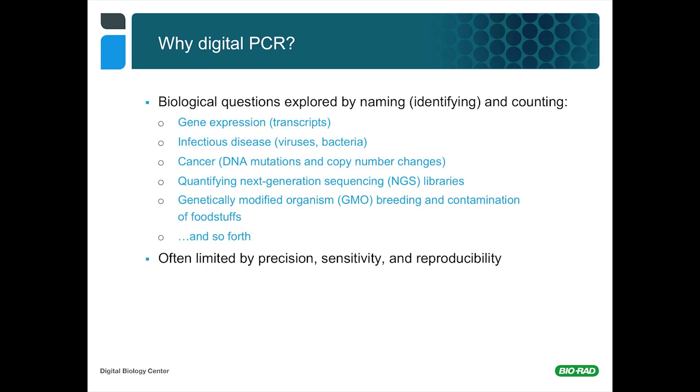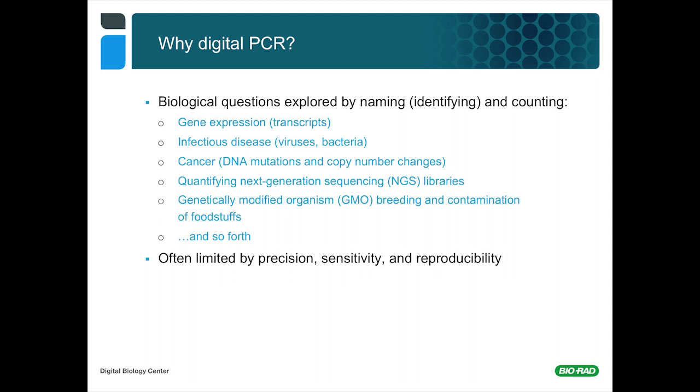In studying cancer, we're interested potentially in identifying what mutations or changes in copy number are occurring. In the case of next-gen sequencing, we oftentimes want to quantify very carefully how much of our library we're actually placing onto a sequencing cell. Looking at environmental issues, there's a common need to be able to assess whether or not there are contaminations in foodstuffs, such as for GMOs, and many, many other applications.